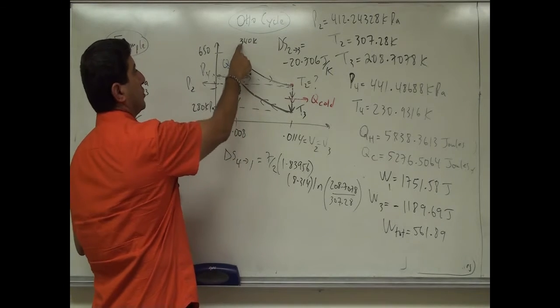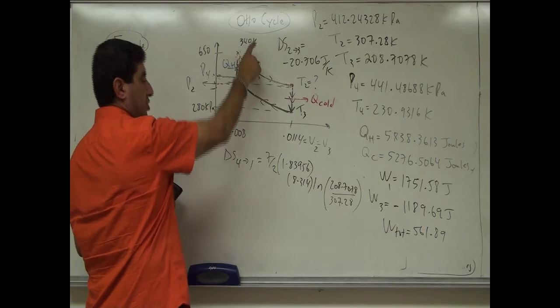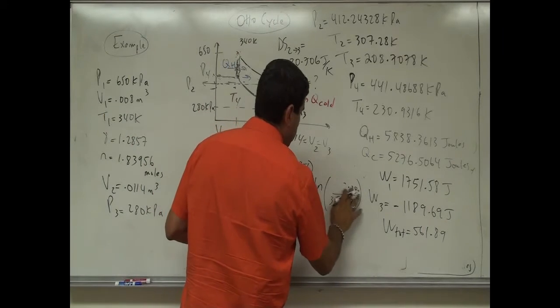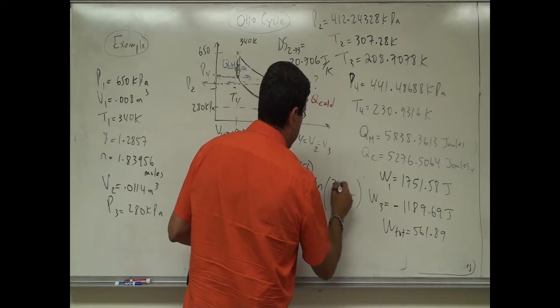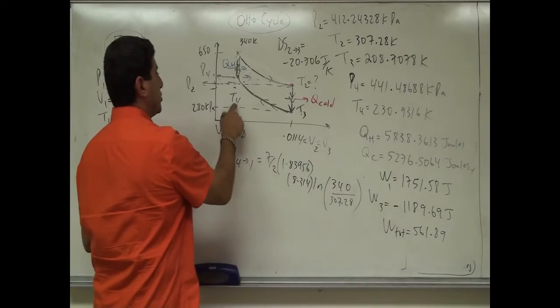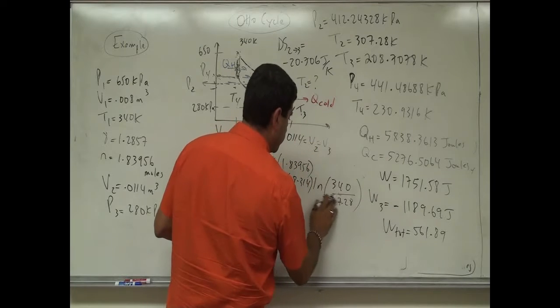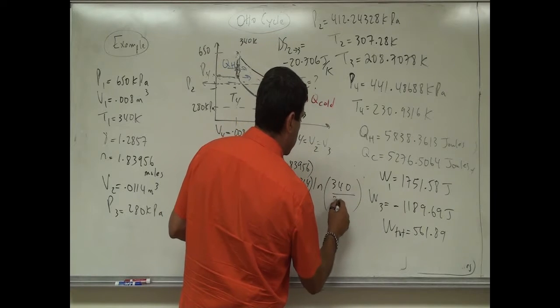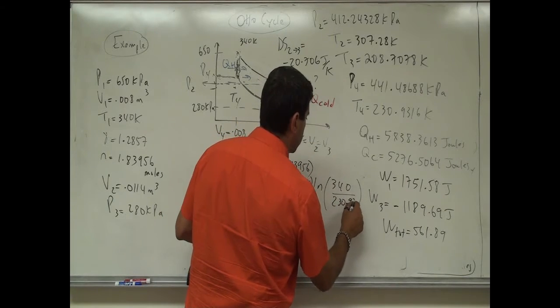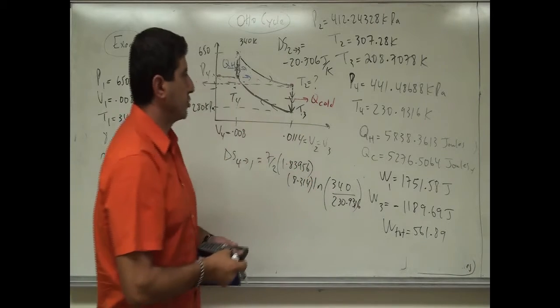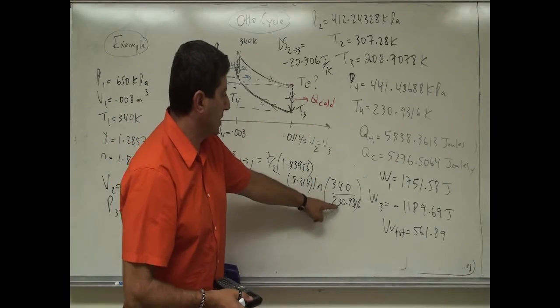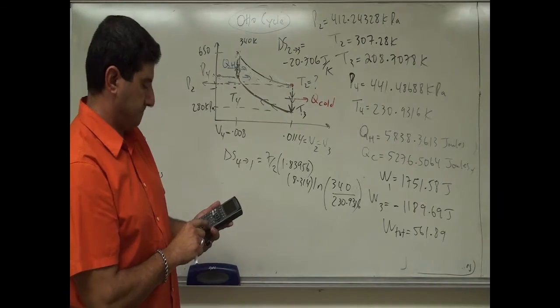So it's going to be the temperature of the first stage, which is 340, on the top, and then the temperature T4, which is 230.9316.